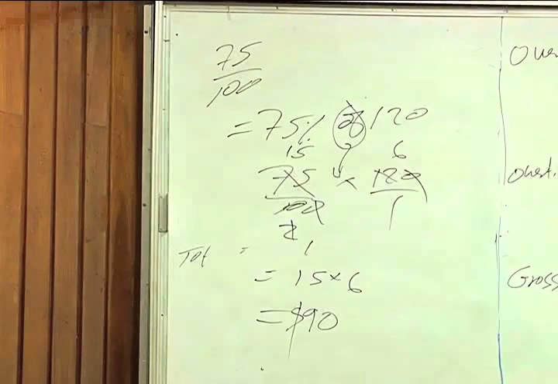A householder pays $90 in rates on a property which has a rateable value of $150. What is the local rate? What do we know?